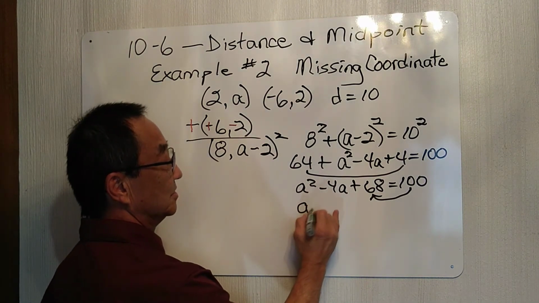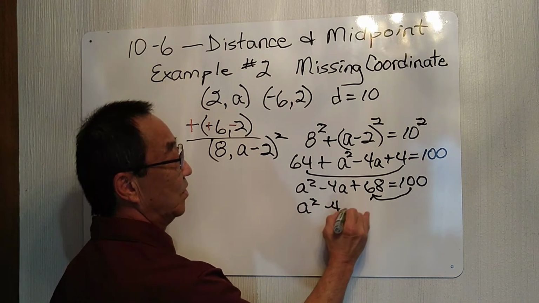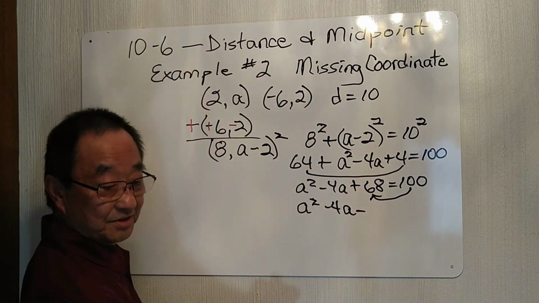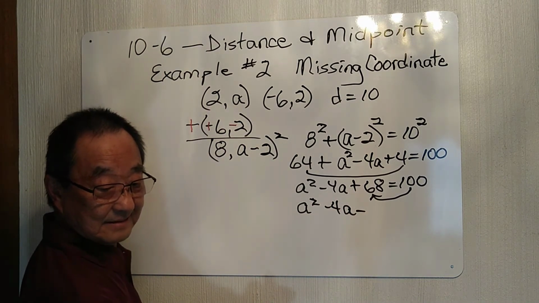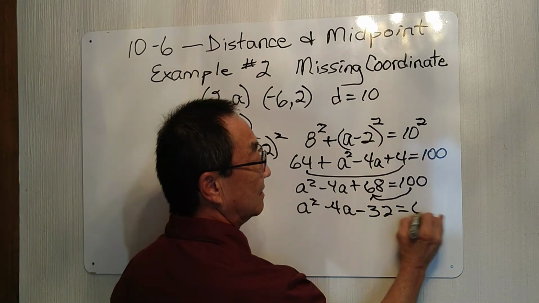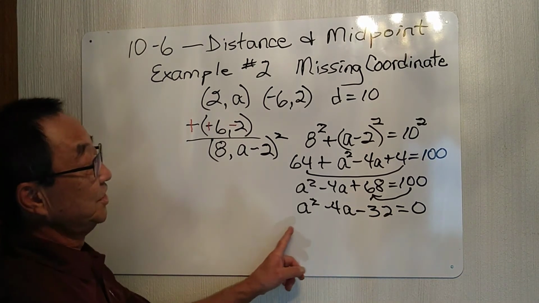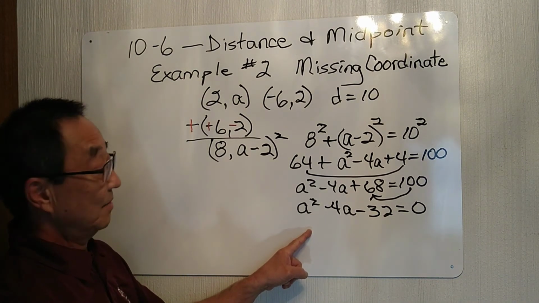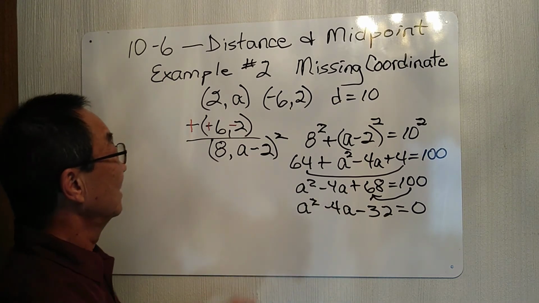So this becomes a squared minus 4a minus 32. All right. Once you do that, then you factor this, or you use the quadratic formula to solve for it.